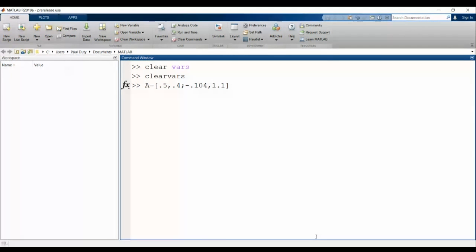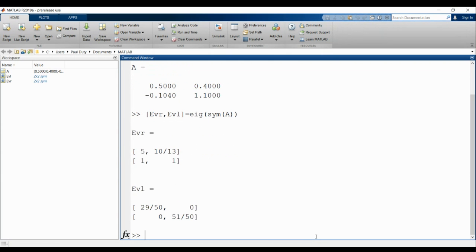Okay, so everything looks good here, and so the command is EVR, EVL equals EIG of sym A, and if I type that, see that?